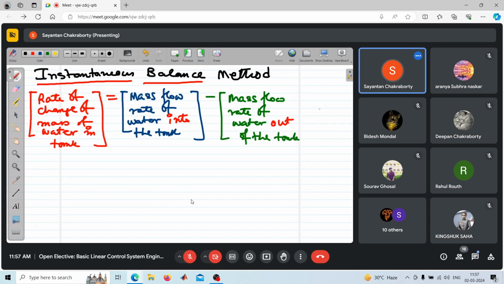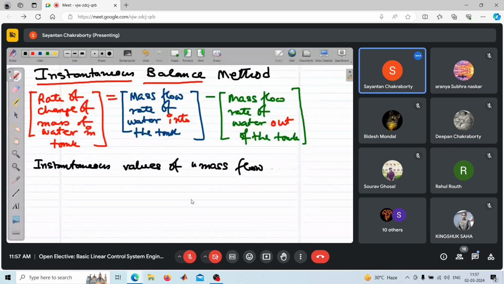Now here what you are interested in are instantaneous values of mass flow rate. So what you can write directly from this equation is that rate of change of mass of water, that is d dt of V rho, is equal to mass flow rate of water, that is Fi rho minus F rho.